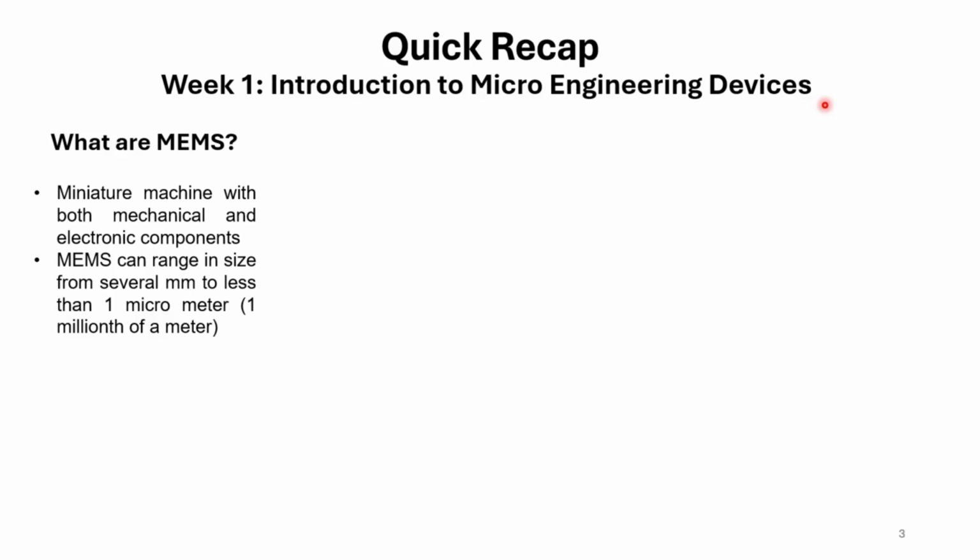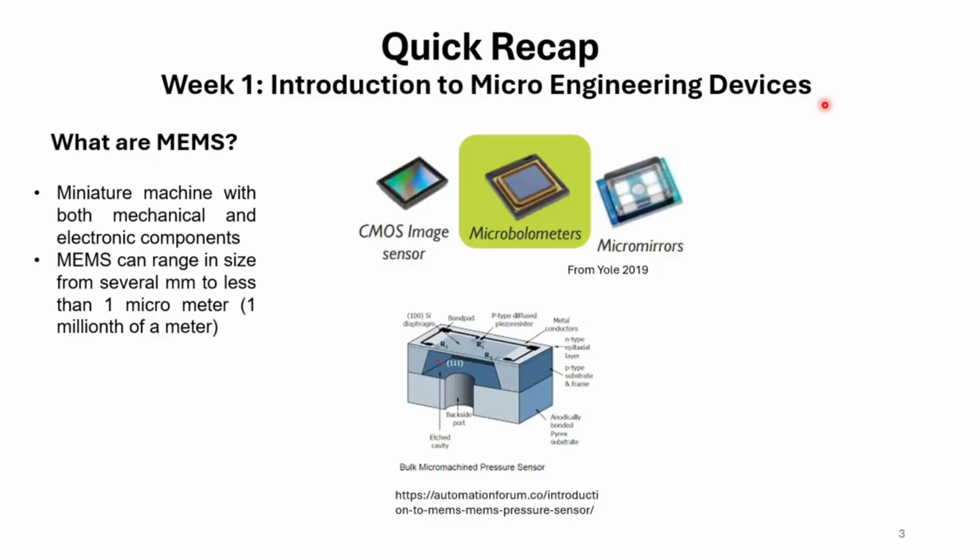Some examples of MEMS devices, as we can see in this figure, are CMOS image sensors, microbolometer, micro mirrors, and pressure sensors. CMOS sensors are used for creating images within digital cameras, CCTV cameras, and so on.